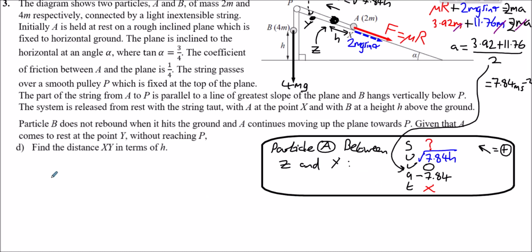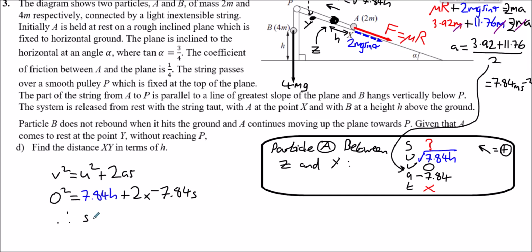So again, v squared is 0, u squared, the square root of 7.84h squared gives us 7.84h. The squaring and square rooting cancel each other. Then we're going to have plus 2 multiplied by minus 7.84 times the displacement.